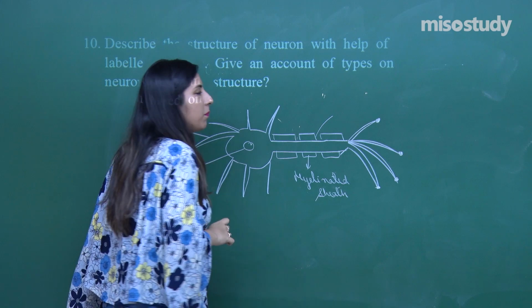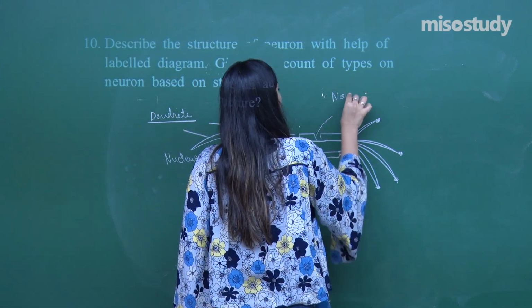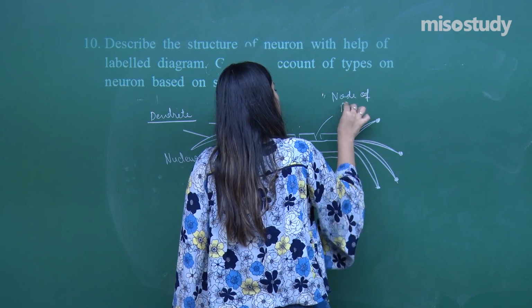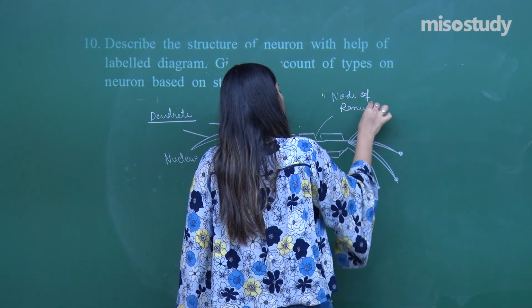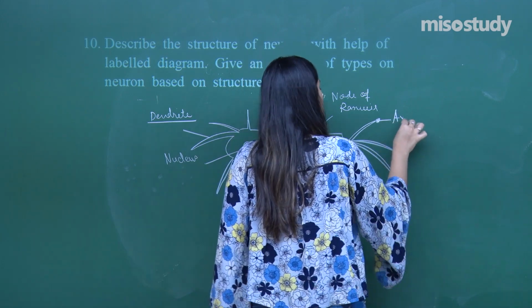This empty place over here is called the node of Ranvier. This is called the axon terminal.